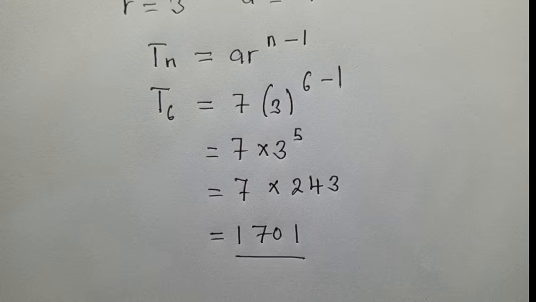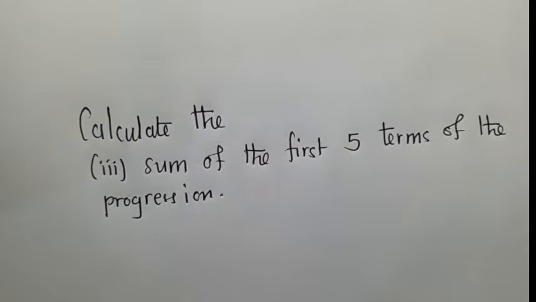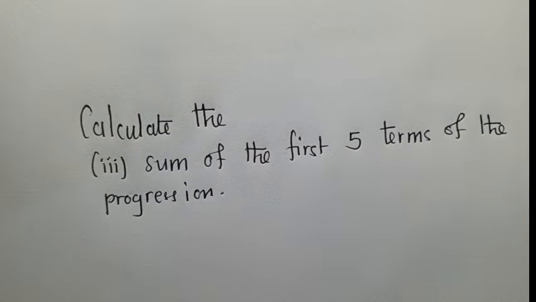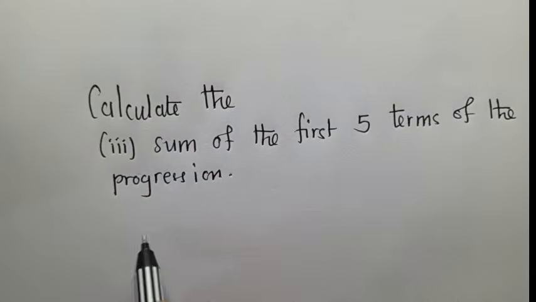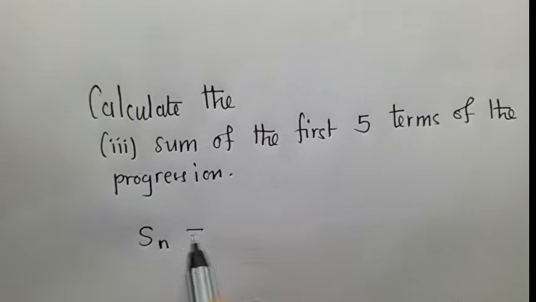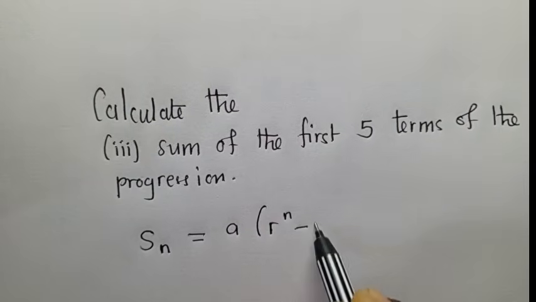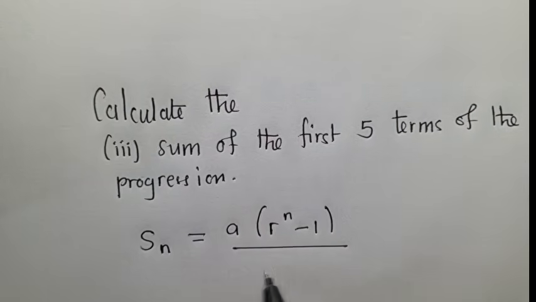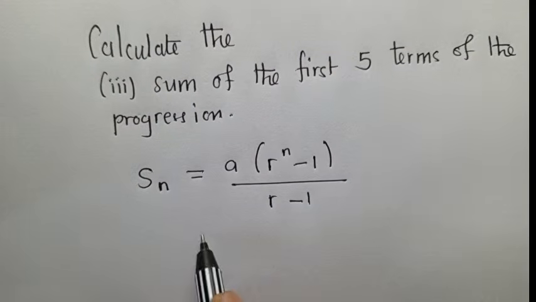Now let's go to the last question, where we need to calculate the sum of the first 5 terms of the progression. For the sum, we are going to use this formula. What is our A?